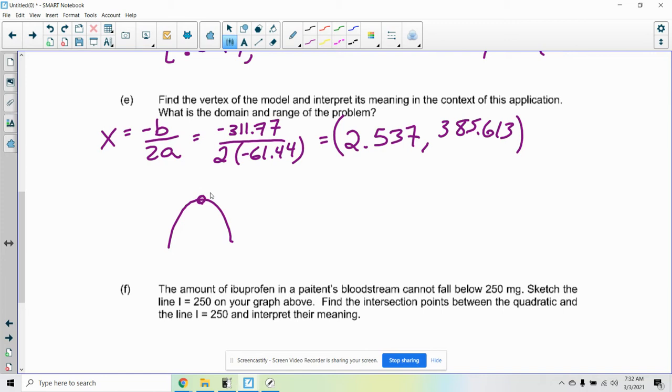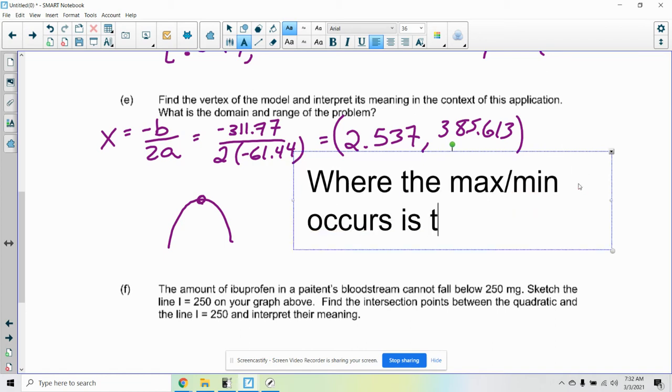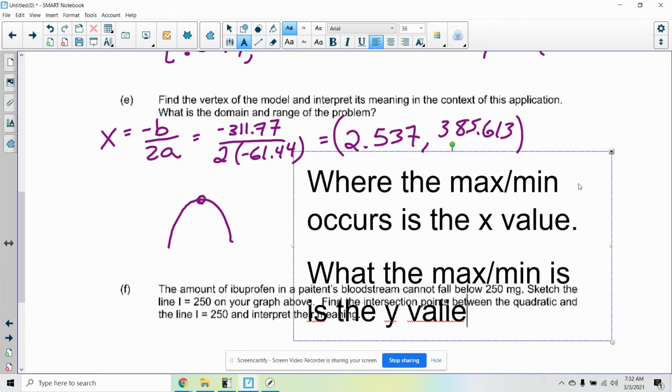value. And Winchester didn't explain this in the previous video, but where the max or min occurs is the x value, or t, or whatever variable you're in. What the max or min is, is the y value.